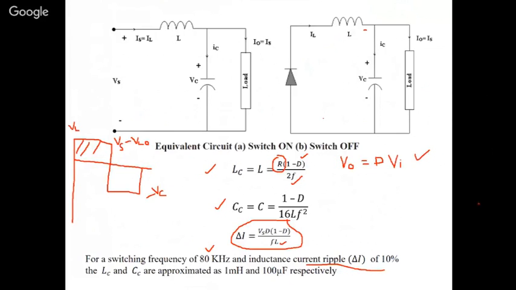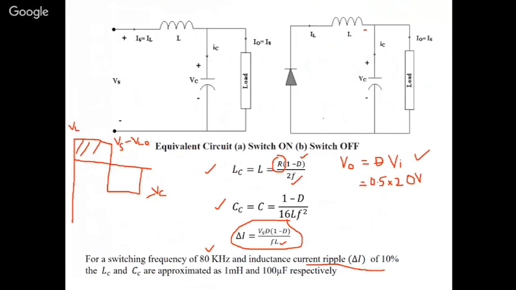Just imagine my source voltage is 20 volts and I have kept my duty cycle as 0.5. What will be my output voltage? 10 volts.